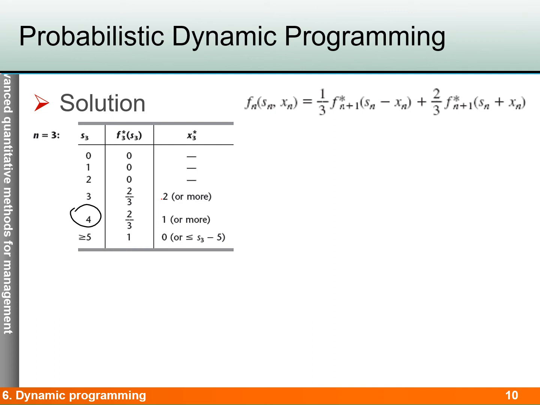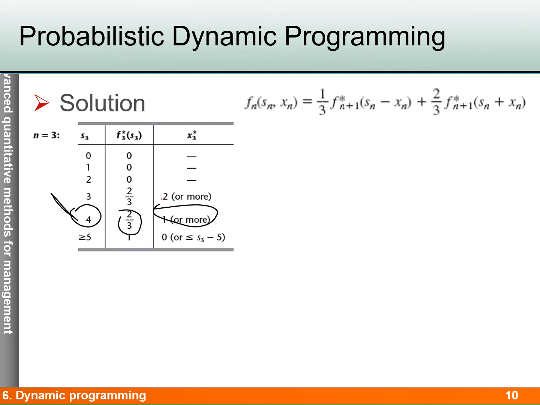Okay, with the same concept that we had in previous parts, this 2 divided by 3 can be obtained. So as an example, when I say here 1 or more, it means that they give me all of them, 1, 2, 3, or 4, because here I have maximum 4. I have the same result.